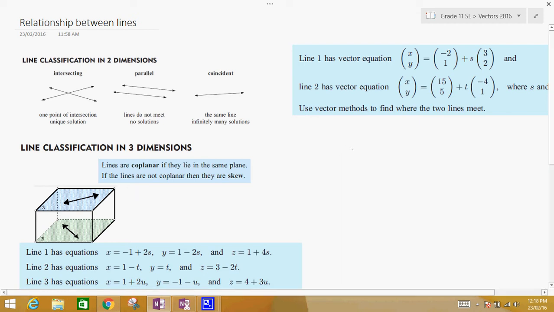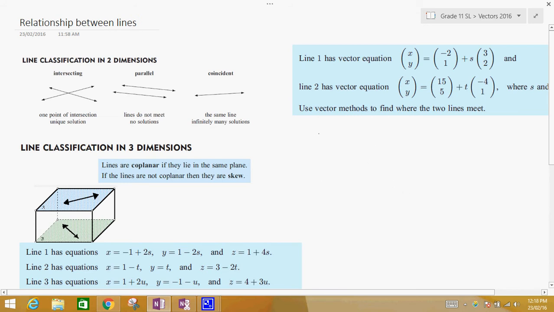So if you want to find where two lines intersect, what you need to do is find the x value and the y value that is the same for both equations. So this line, what x value is equal to this x value? That's essentially what we're going to do.